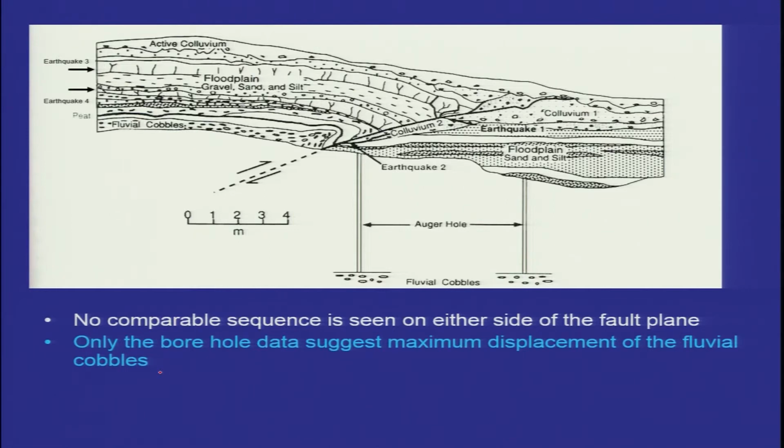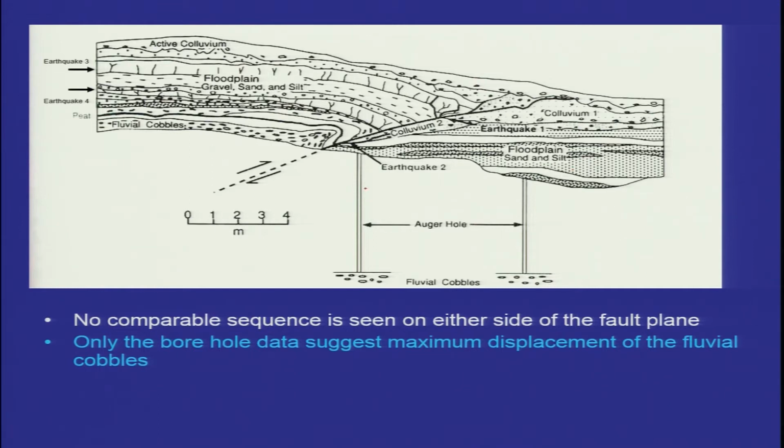If you take the course shown here, the fluvial material comprising coarser deposits was sitting far deeper, which was not encountered in this section.